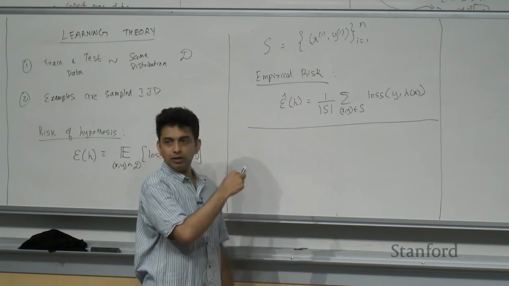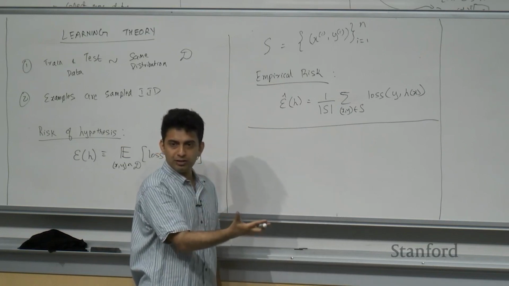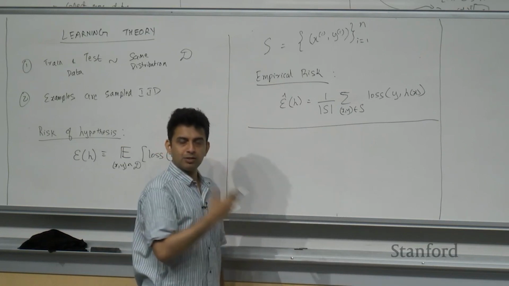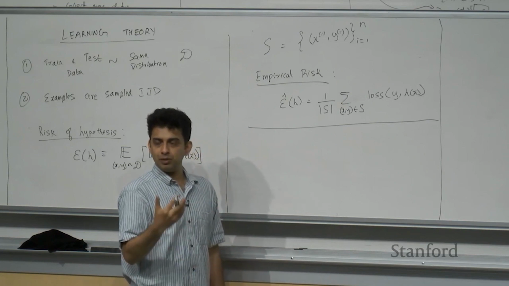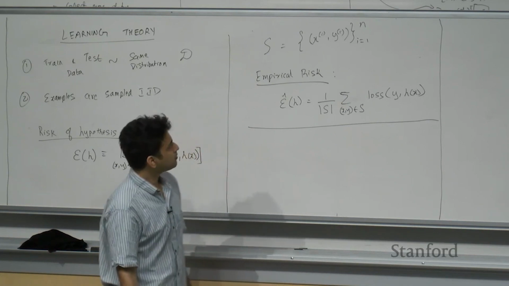You've done it in your homework. In linear regression, we use a design matrix, we take the labels and use the normal equations to minimize the empirical risk. Right?